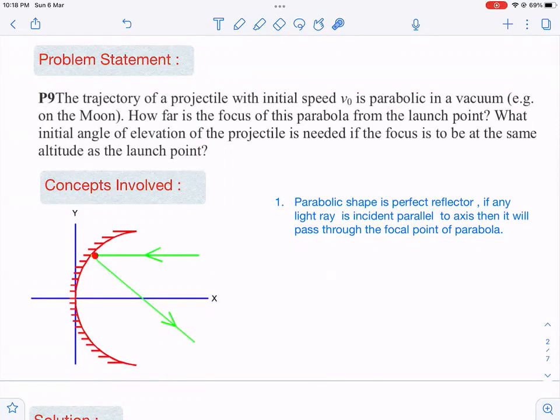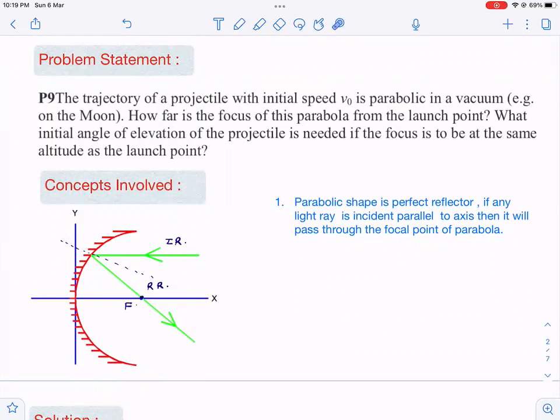If there is a light ray which comes like this, then somewhere here we will have normal, and after reflection, this is incident ray. So I will mark this as IR, and this is reflected ray, which will pass through a point. This point is called focal point of parabola, right?